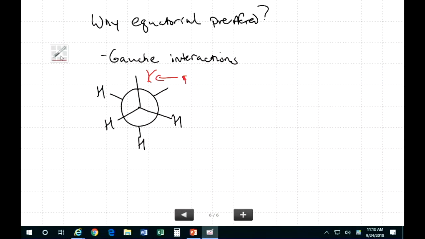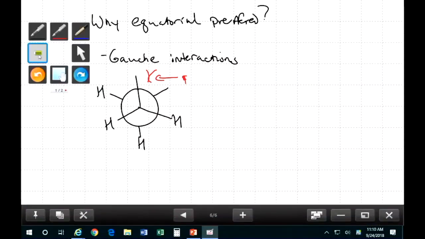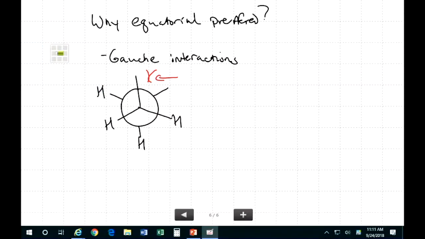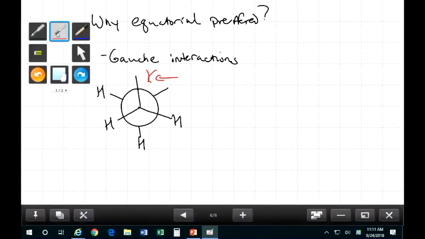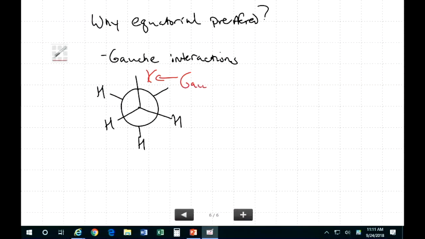And the gauche interaction occurs because the electrons on this group and the electrons on this group get close enough together that they bang into each other, and that's a destabilizing force.